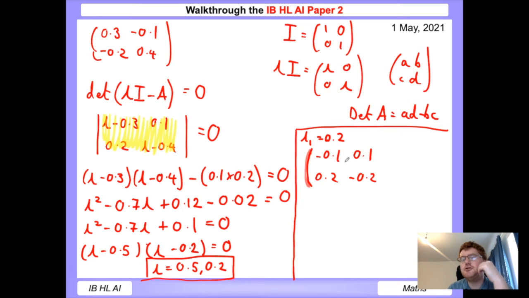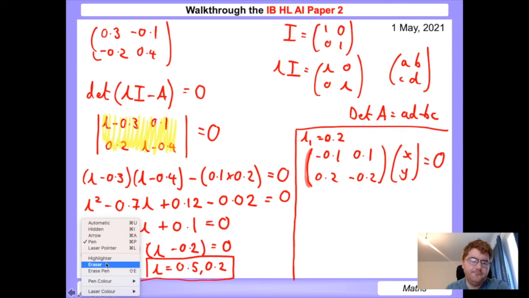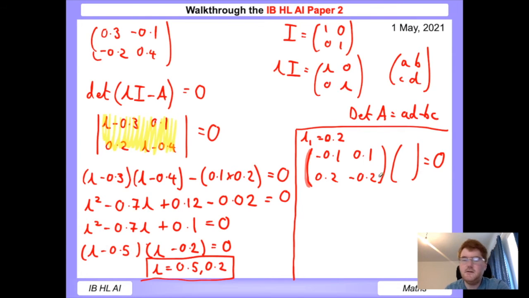The two rows should be scalar multiples of each other, or sometimes identical. Good. So we get x and y equal to 0. So we take any equation, it doesn't matter which one. Actually, I should put a and b, sorry, strictly speaking, but it's the same idea. So we multiply out one of the rows, it doesn't matter which one. So we get minus 0.1a. Remember matrix multiplication, we multiplied this by this.